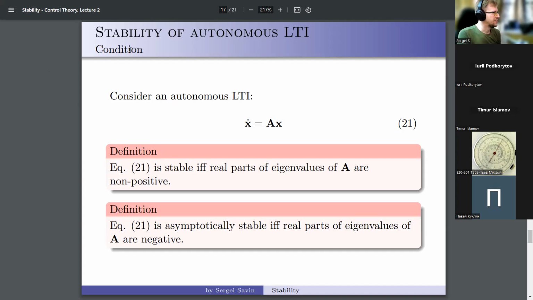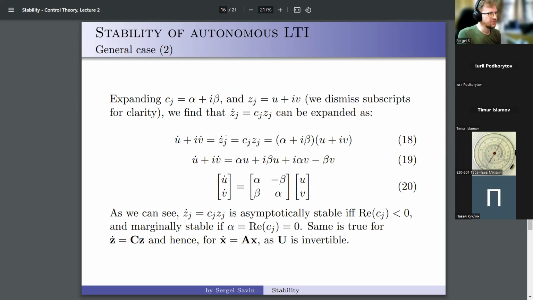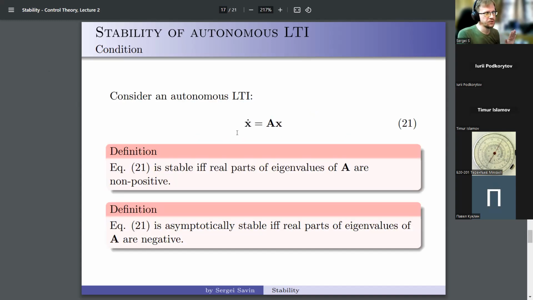Once more, these are the proofs for specific cases. The general proof depends on Jordan forms, and it is well represented in the literature, in internet classes, and so on. So if you're interested, you would find it. There is no problem. I thought about whether to give you a general one or this one. I prefer this one. I think it's more illustrative.